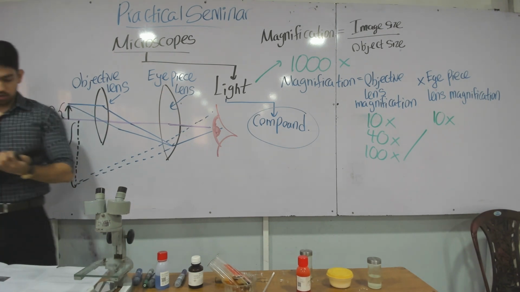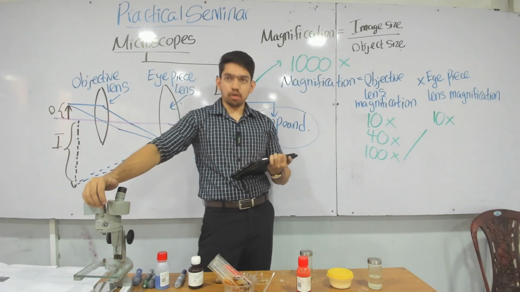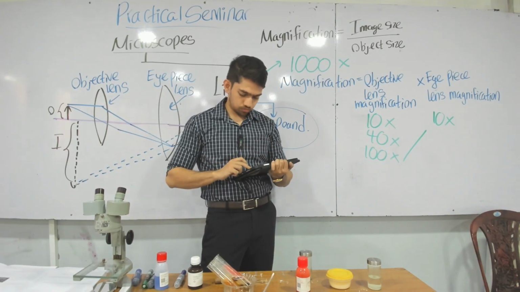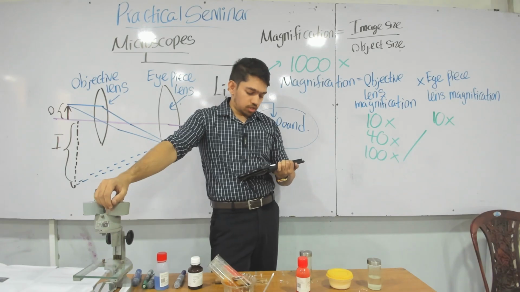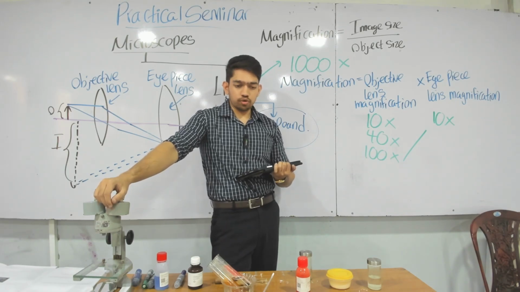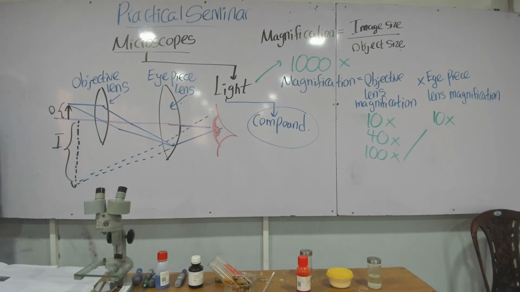So what is magnification? Write down: it is the ratio of an object's image size to its actual size.